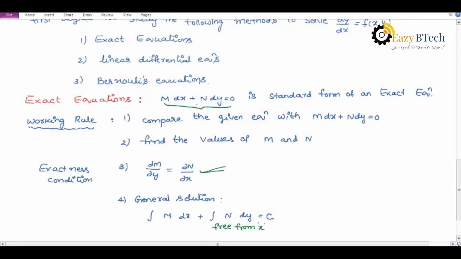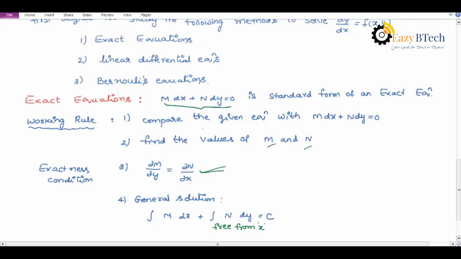So how can you find out whether the given equation is exact or not? The first step is changing the given differential equation into the standard form, M dx plus N dy is equal to 0, and the second step is writing the values of M and N.